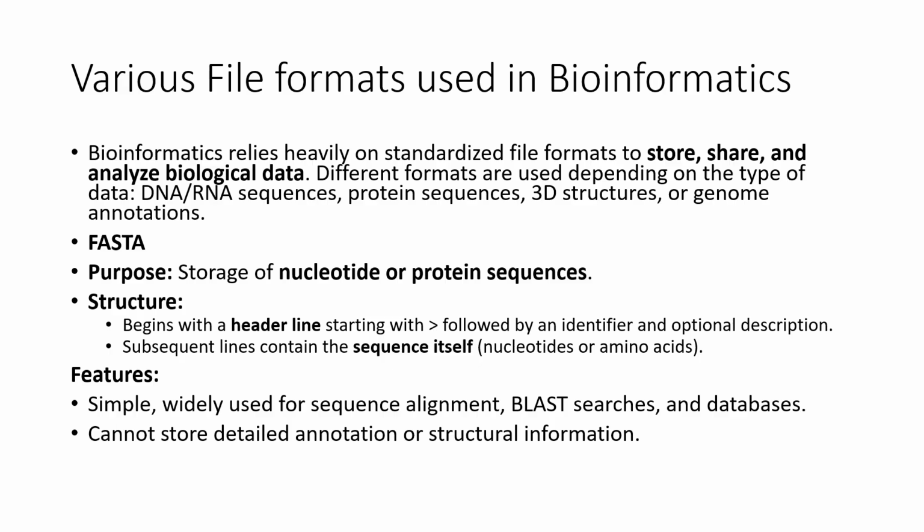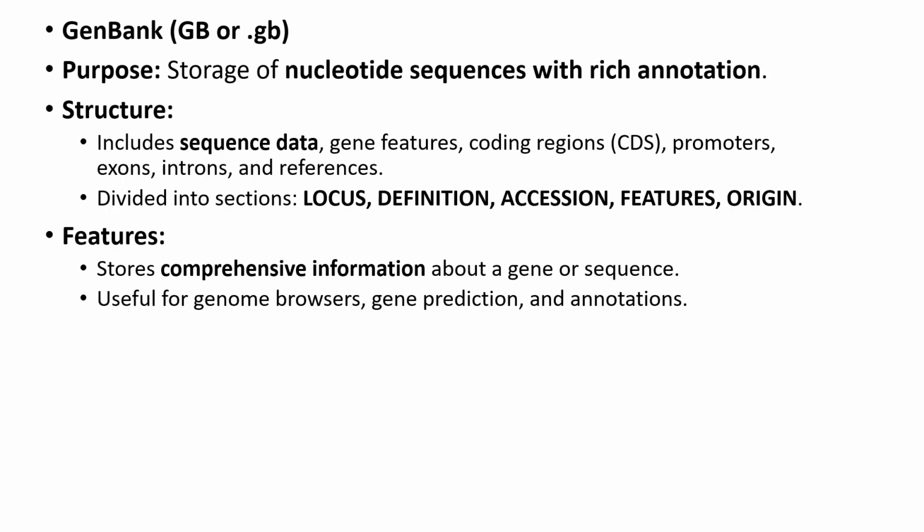Subsequent lines contain the sequence itself. Features include being simple and widely used for sequence alignment, BLAST searches, and databases. These files cannot store detailed annotations or structural information. This is one of the drawbacks of this format: you are not able to get any structural information or annotation detail using this sequence file format.